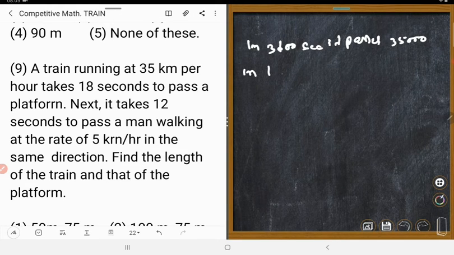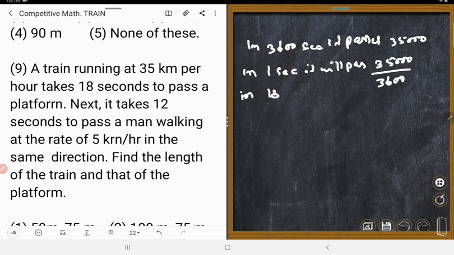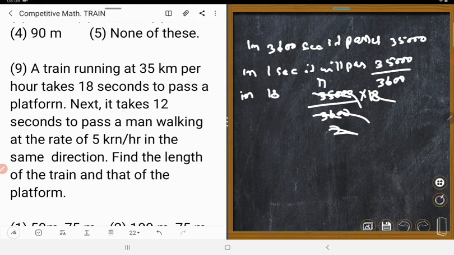In 1 second, it will pass 35,000 upon 3,600. Therefore, in 18 seconds, it will pass 35,000 upon 3600 into 18. So the zeros cancel. 18 to the 2 175. So 175 meter is the length of the platform and the train.